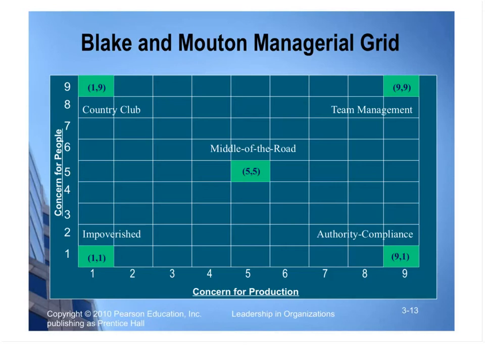we do have concern for people, and we do have concern for production. When it comes to leadership or management, this is more of a managerial grid, though. Concern for production for management is mostly higher compared to concern for people.